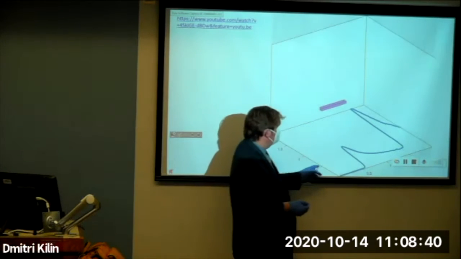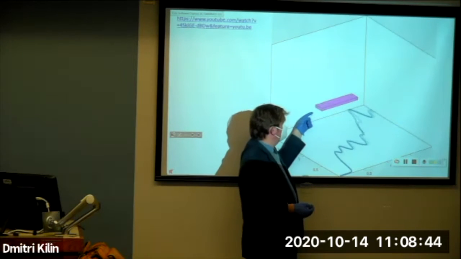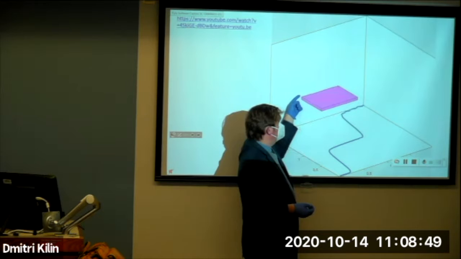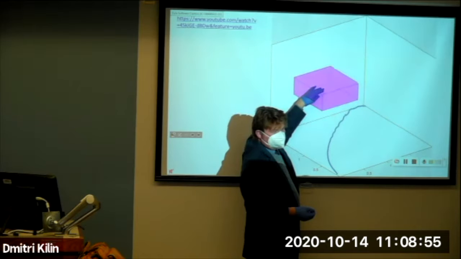So you see it's a box for a poster. Now it becomes a pizza box. And as we progress through this movie, it grows into a UPS box.